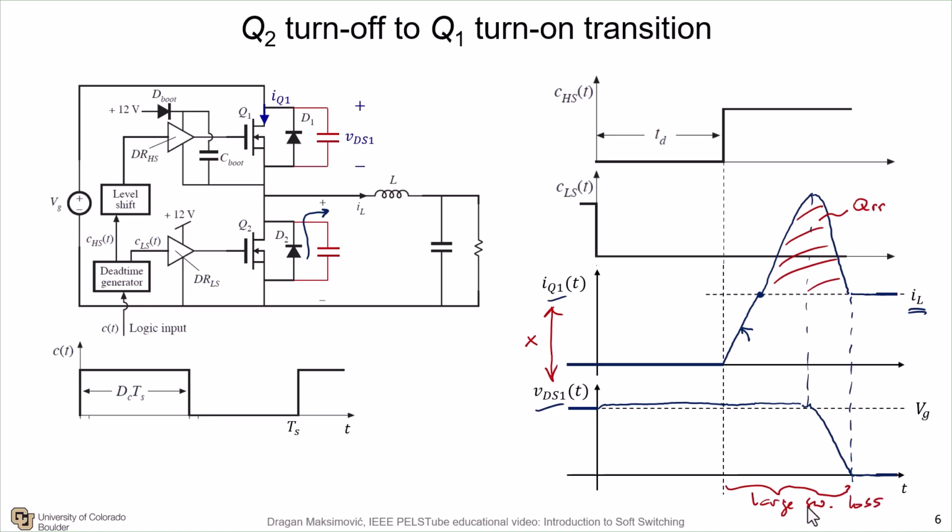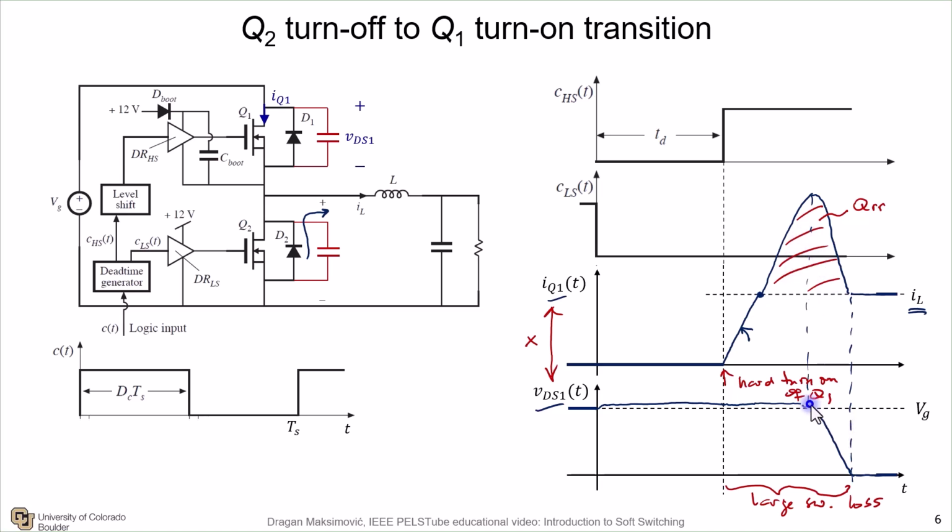This is what we can say here is at this point here would be the hard turn on of Q1, and that hard turn on incurs large switching loss because of three mechanisms. One is the fact that it takes time for the current to ramp up. The second is the reverse recovery of the body diode of Q2.